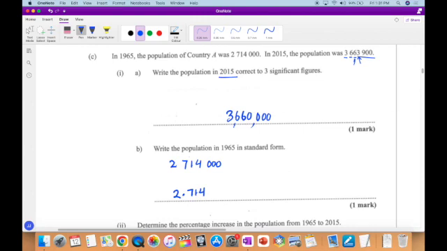We want to have this multiplied by 10 to the what? So what does the point have to do in order to give me back this number? 1, 2, 3, 4, 5, 6. So the point has to move 6 spaces this way in order to give me back this number. So that's 10 to the 6.